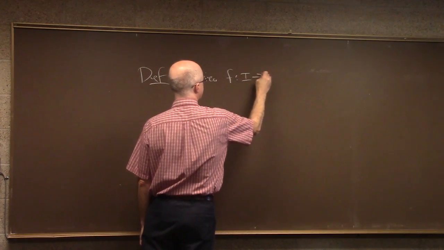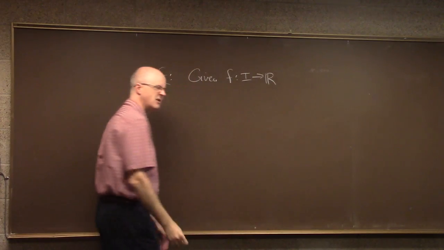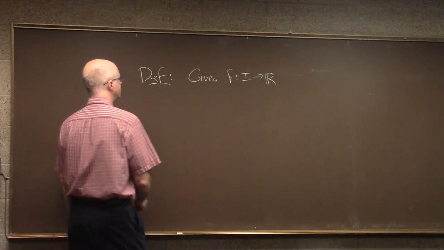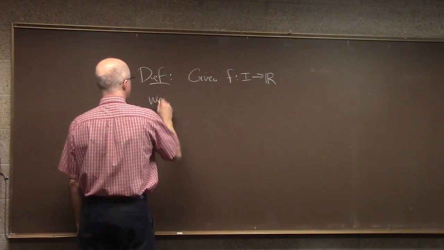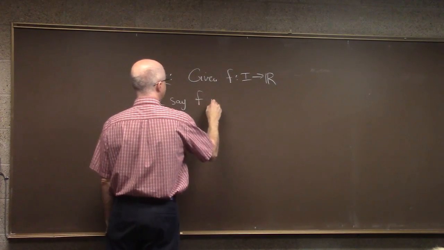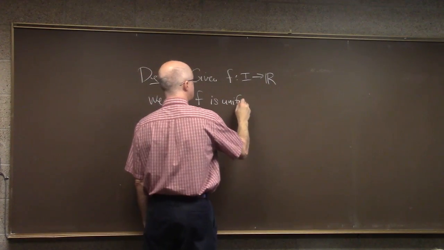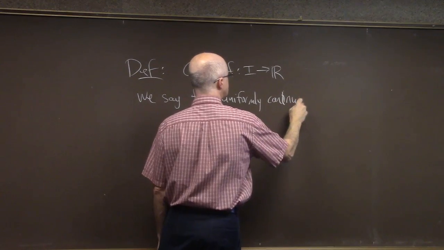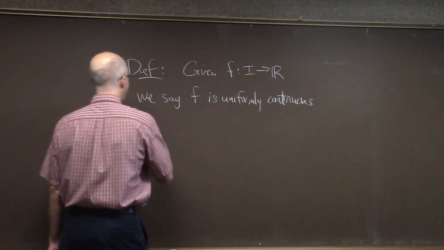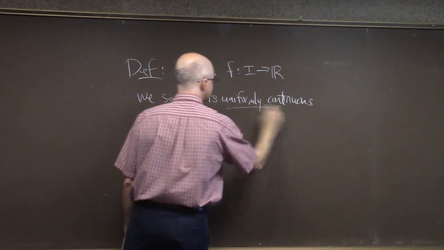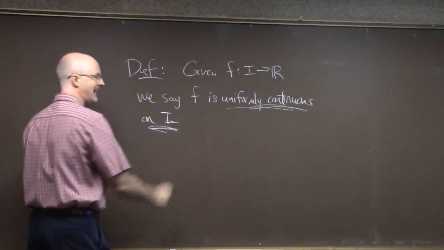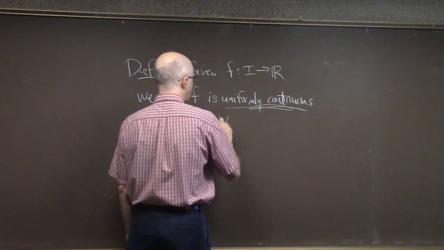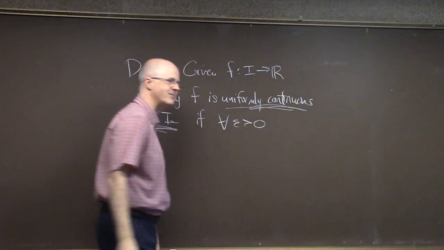So we're given a function defined on some interval I, could be defined on a bigger interval too, but it doesn't have to be. We say f is uniformly continuous on I, emphasis not just on the uniformly continuous, but also on I, if for all epsilon greater than 0, what?